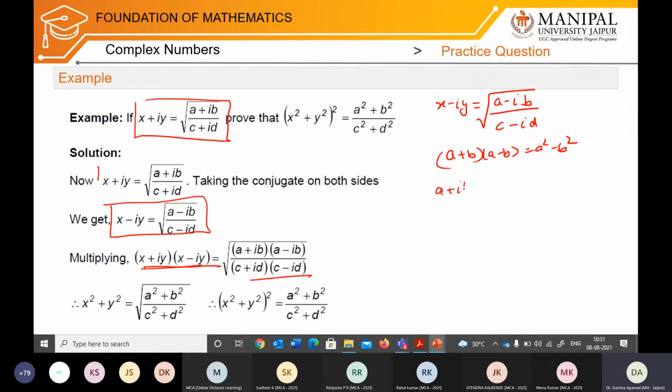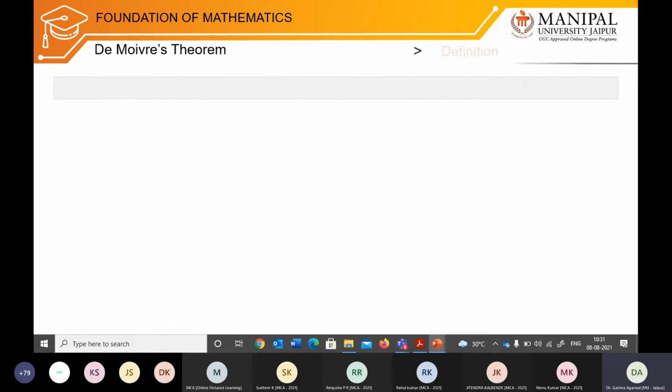And if we have a plus iota b and a minus iota b, it will be a square minus iota square b square. Iota square is minus 1, so it is a square plus b square. Similarly, for c and d, we can solve these two terms. Now by taking square on both sides, the right hand side square root will cancel out and we'll get the required term. Right?